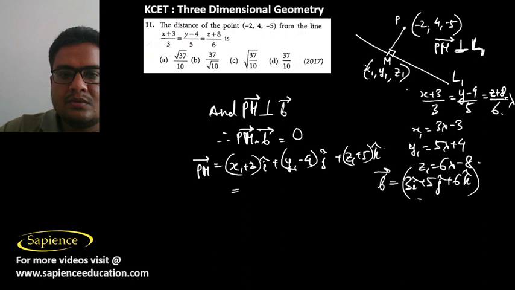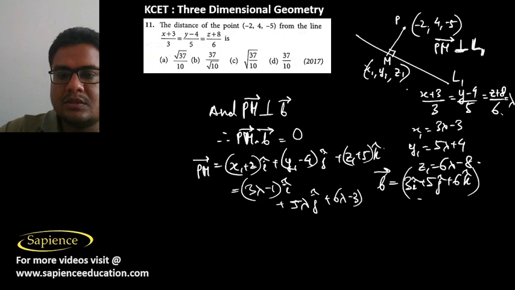That will be equal to x1 plus 2, if I do, this will be 3 lambda minus 1 i cap, then plus y1 minus 4, that is 5 lambda j cap, z1 plus 5, if you do, 6 lambda minus 3 k cap. And so PM vector dot B vector should be equal to 0.